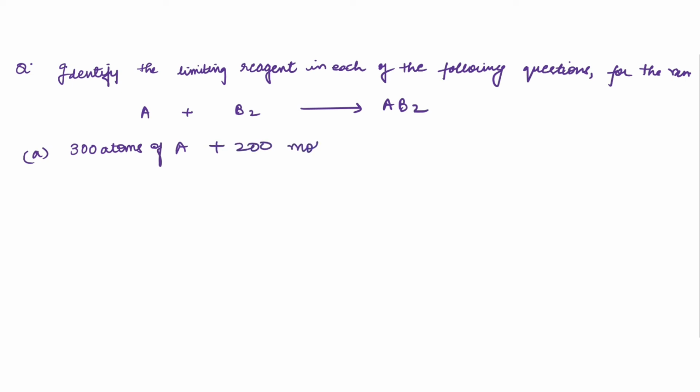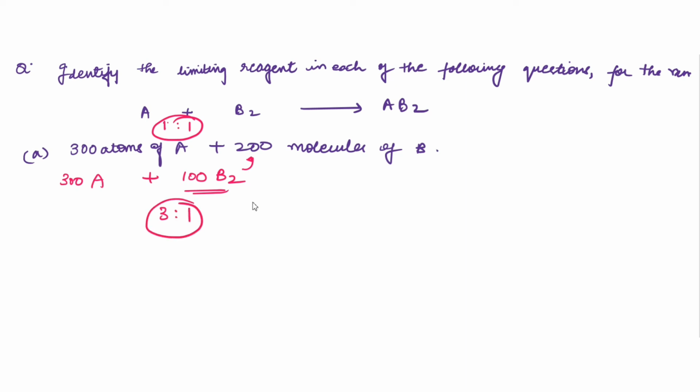So 300 atoms of A plus 200 molecules of B. We can write the reaction as 300 A plus 100 B2, because it's nothing but molecules of B. Be very careful: 200 molecules of B means 100 B2.